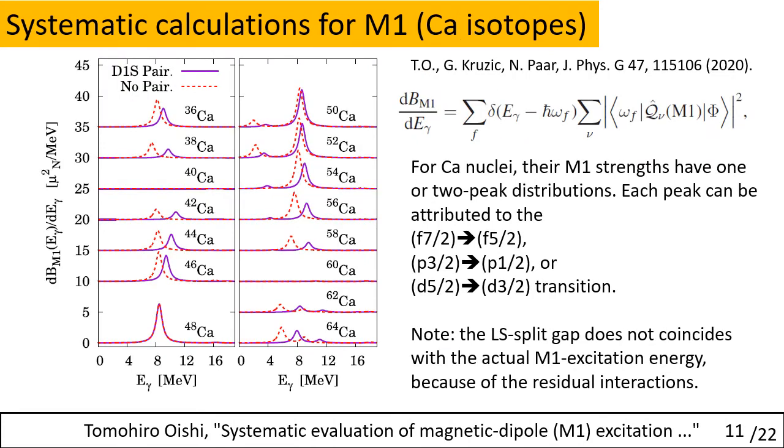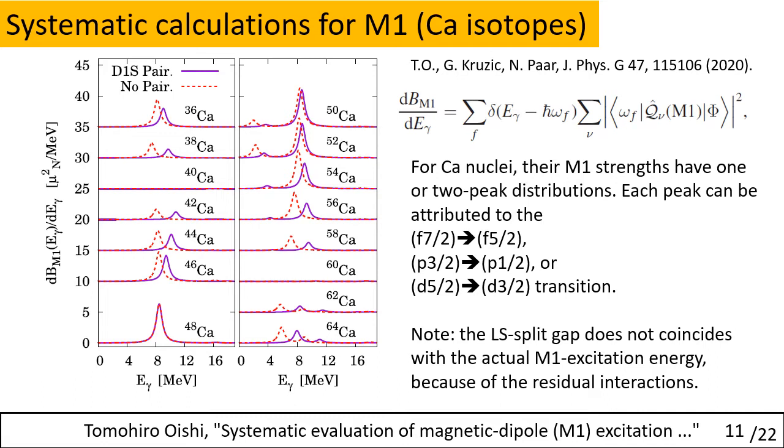This is the systematic calculations for calcium isotopes. In the left panel, I show you the calculated BM1 strength. From this figure, one can see that for calcium nuclei, their M1 strengths have one or two peak distributions.